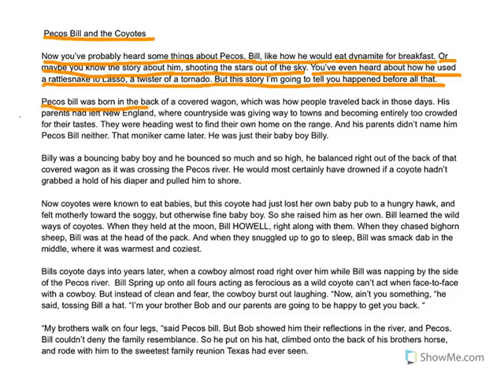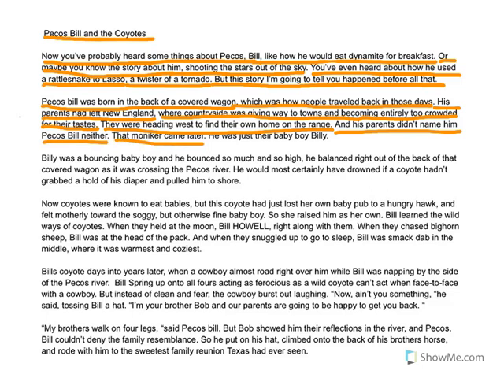Pecos Bill was born in the back of a covered wagon, which was how people traveled back in those days. His parents had left New England, where the countryside was giving way to towns and becoming entirely too crowded for their taste. They were heading west to find their own home on the range, and his parents didn't name him Pecos Bill neither.